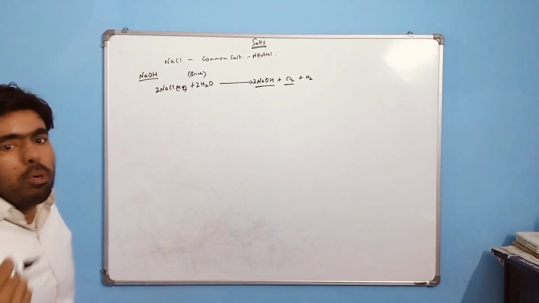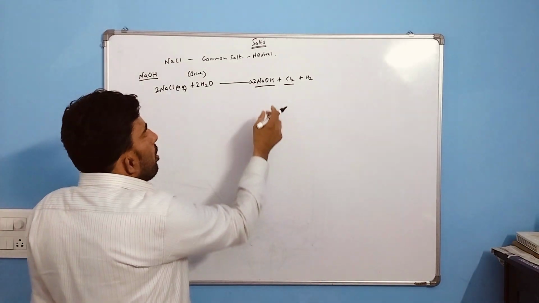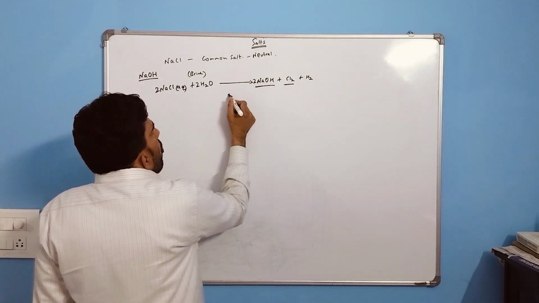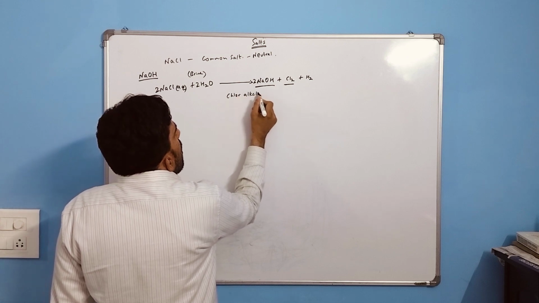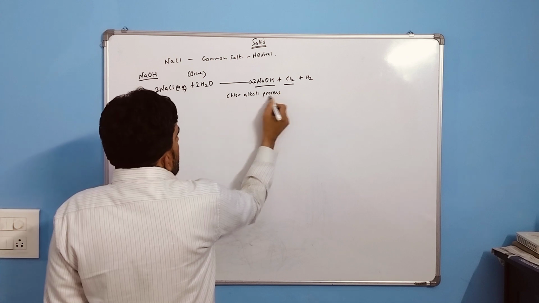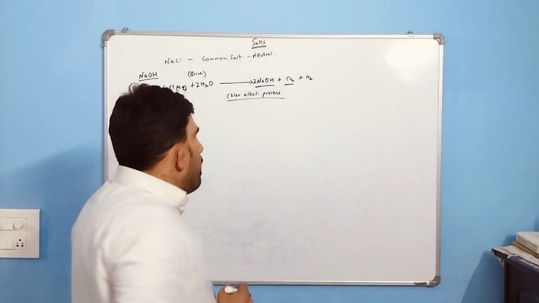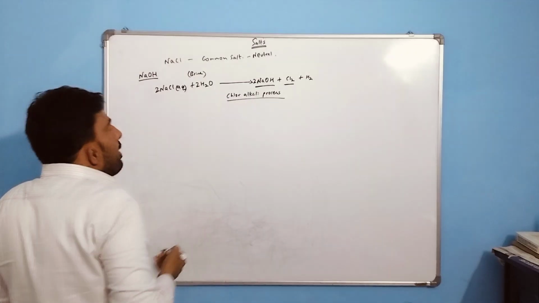All bases are not water soluble, so those bases which are water soluble are called alkali. That is why this process is called the chlor-alkali process. Let me show you through a small diagram.